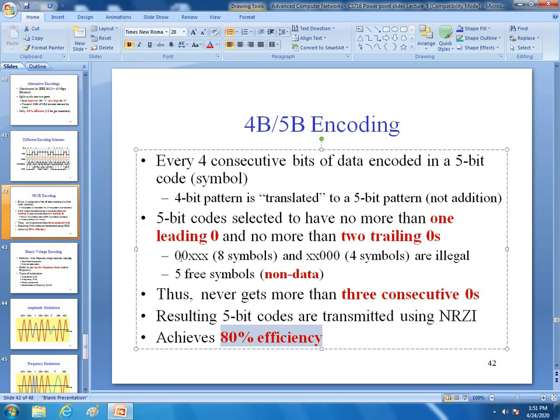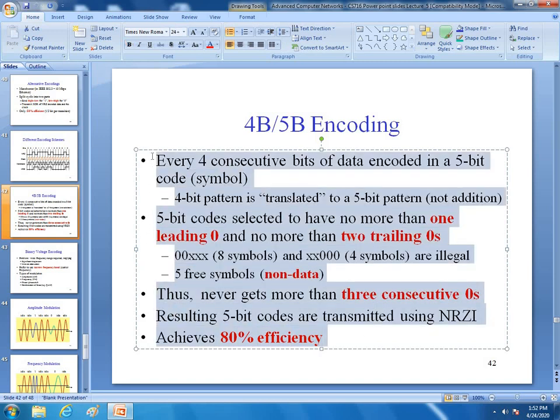You can use only 1 zero at the start and at most 2 zeros at the end, so you can use 3 zeros out of 5 bits. That's why you never get more than 3 consecutive zeros. So we can overcome the consecutive zero problem with the 4B/5B encoding scheme.